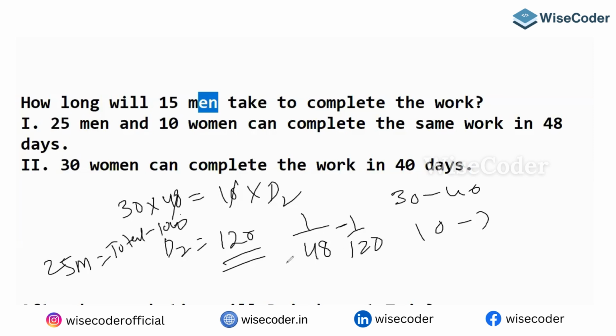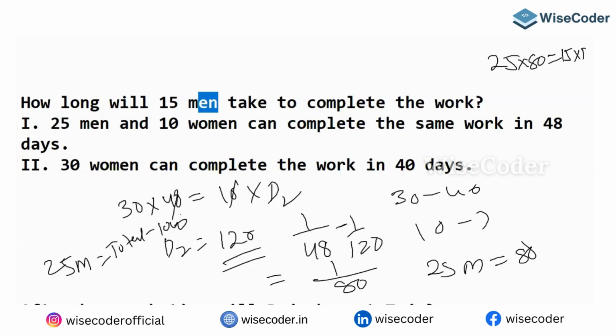If I figure it out with the LCM, you are going to get 1 by 80, which means 25 men take 80 days. That's it. So 15 men will take how many days? Five threes are whatever, maybe you're going to get D2.